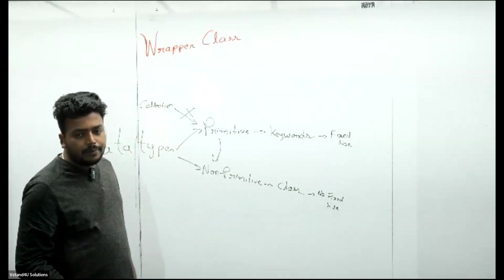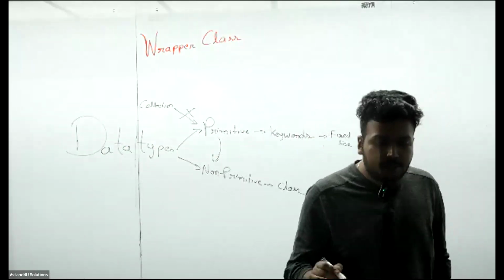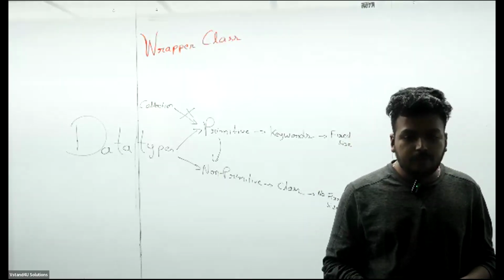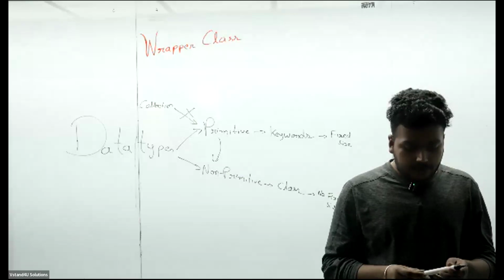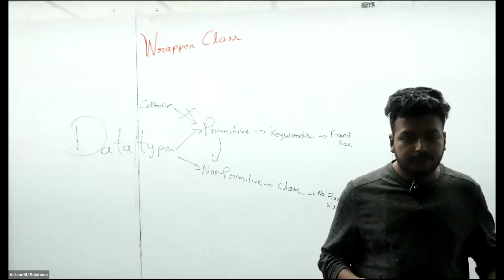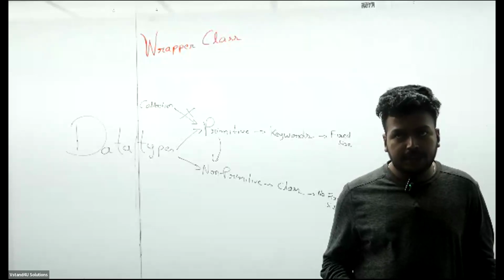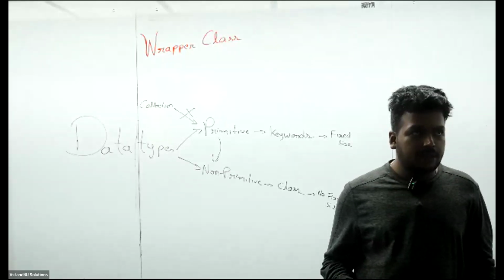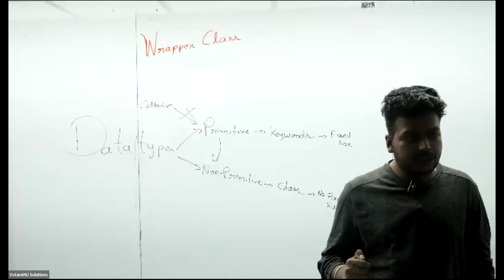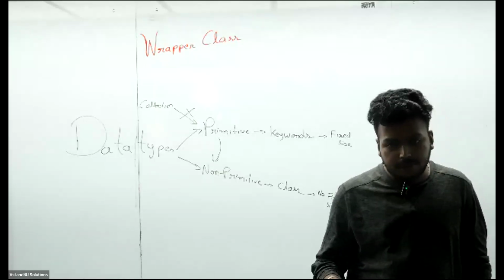In an interview, if they ask why Java is not 100% object oriented, what will be your answer? There are primitive data types in Java. For that sake only, Java is not 100% object oriented.